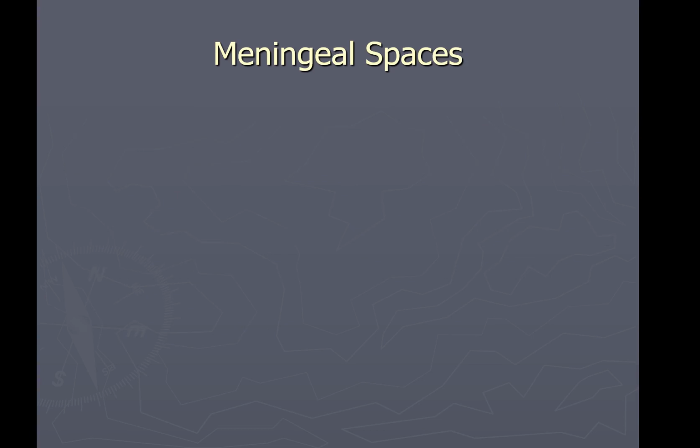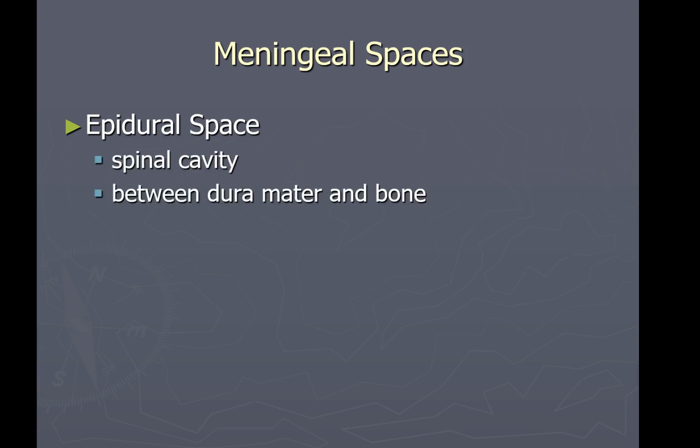Meningeal spaces. So I mentioned some of these. We have an epidural space. Do we have that in the brain, or do we have that in the spinal cord, or both? In the spinal cord only, okay? Because in the brain we had that periosteal layer of the dura. So there's an epidural space sometimes. It's only in the spinal cavity between the dura mater and the bone.